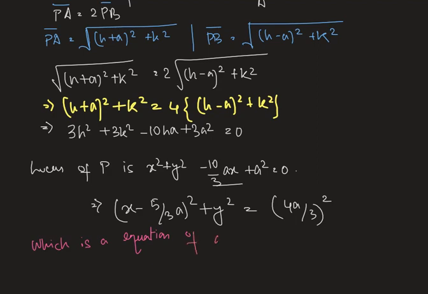Equation of a circle with center at 5a by 3 comma 0 and radius 4a by 3.